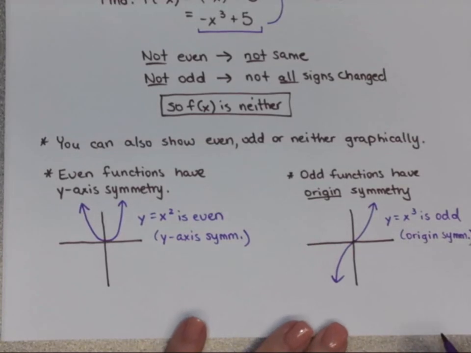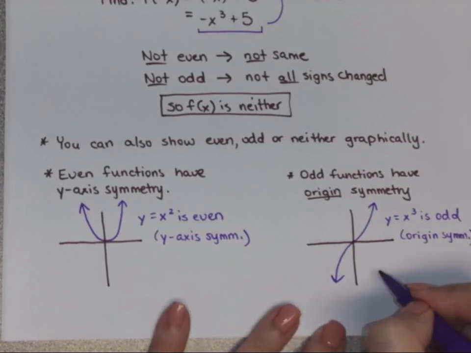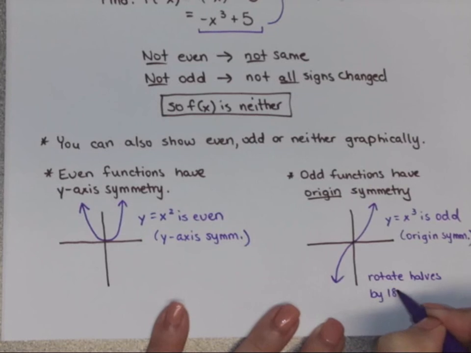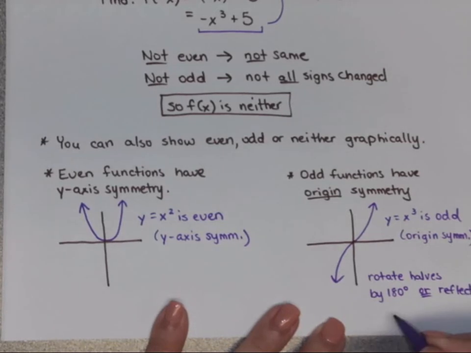So maybe an explanation, you can think of it this way. You can rotate the halves by 180 degrees, okay? Or some people like to think of it like reflecting the halves over both the x and the y-axis.